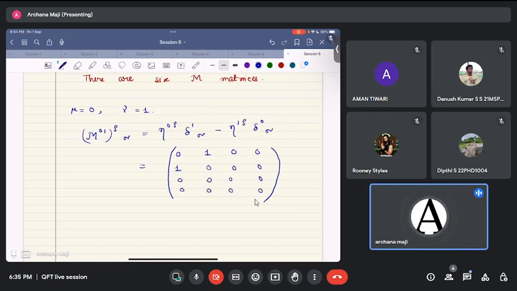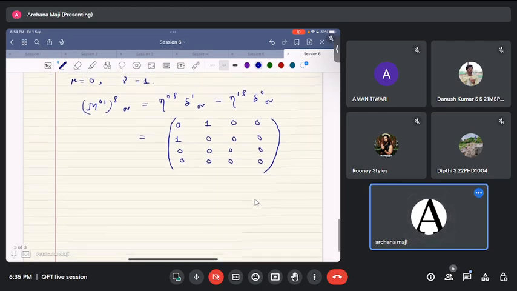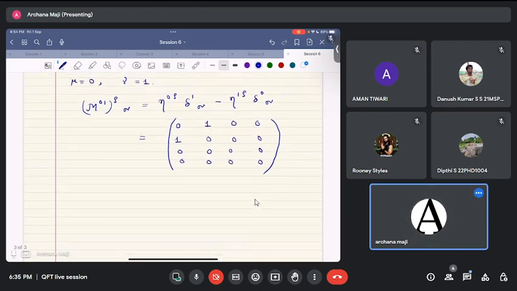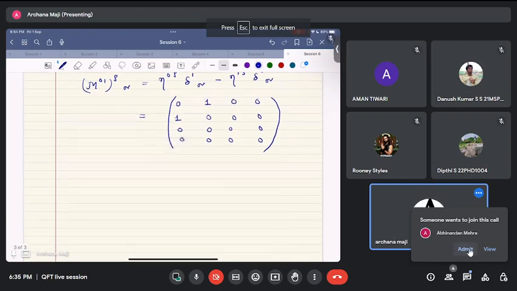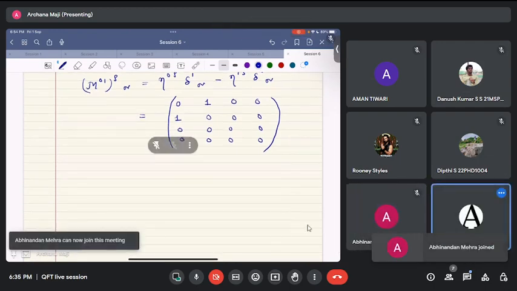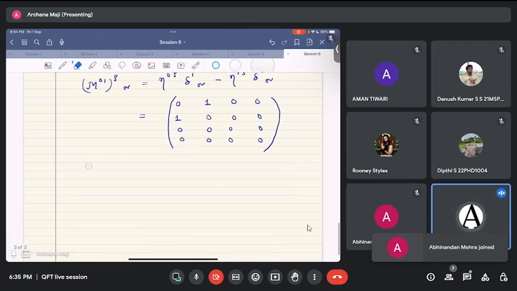Okay, now let's recall the Lorentz transformation for boost along x1 direction. How does a 4 vector transform under boost along x1?